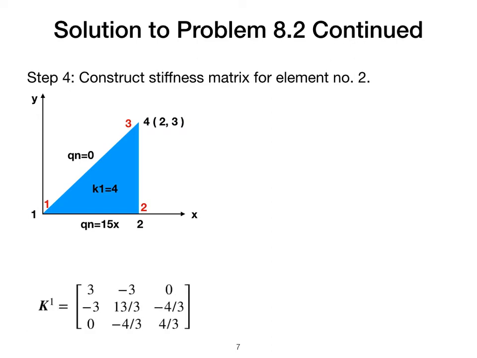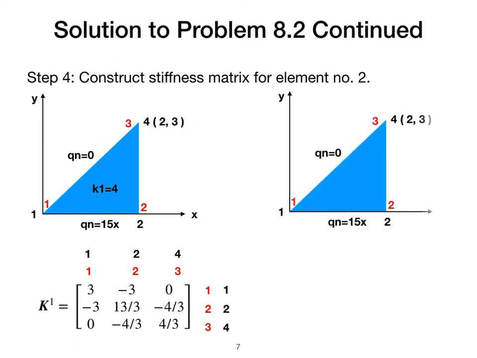This is element number 1, the stiffness matrix for element number 1, and the local numbering is as shown in the figure. The global numbering is in black, the local numbering is in red. Now for element number 2, there are two things which are different.